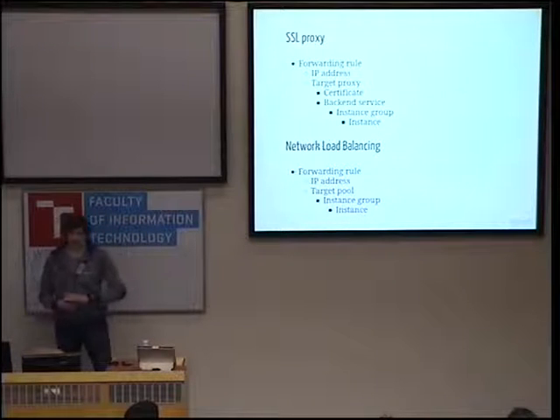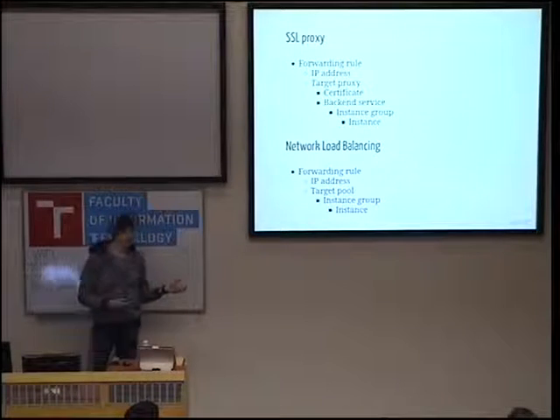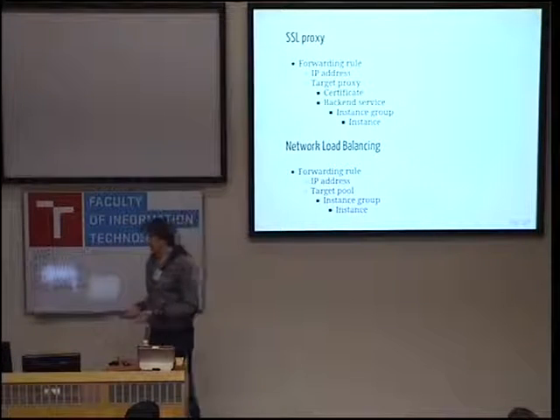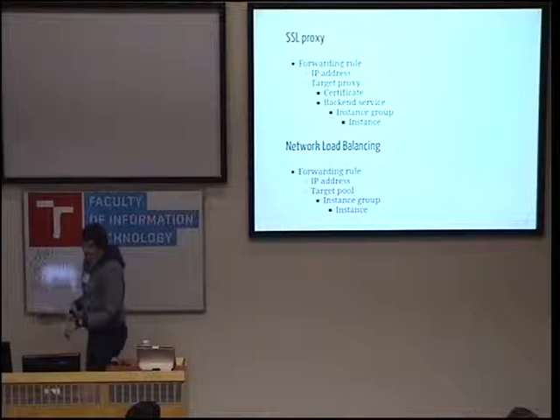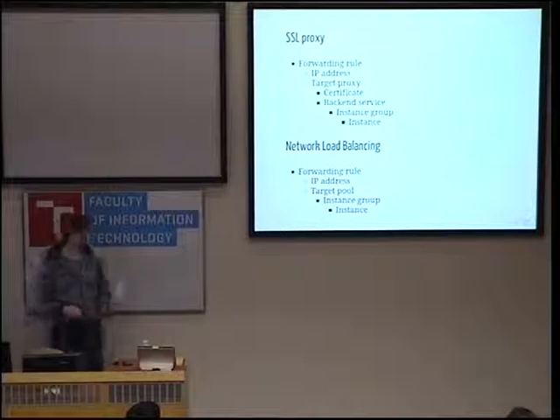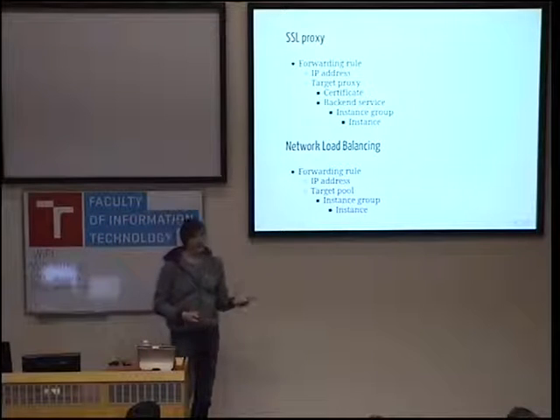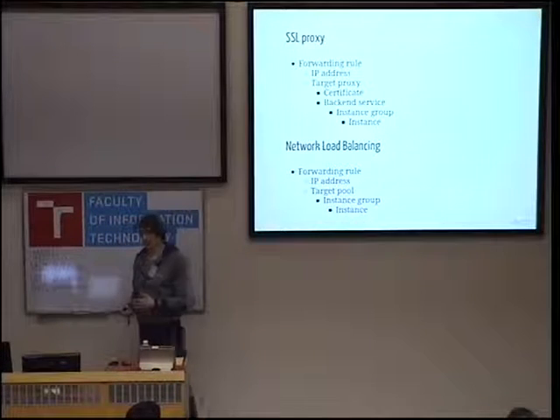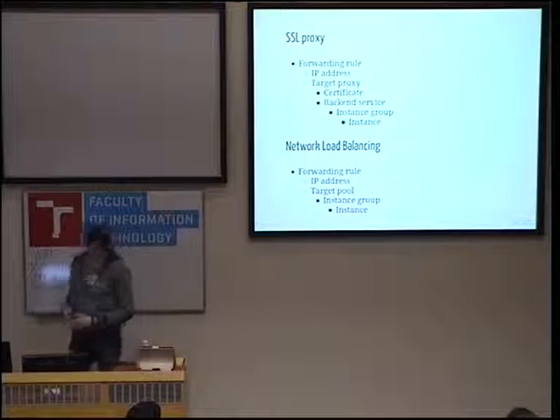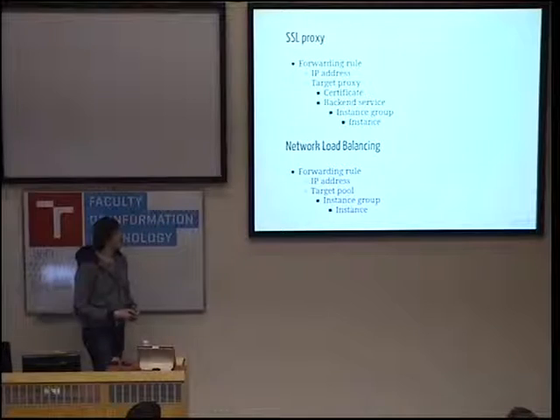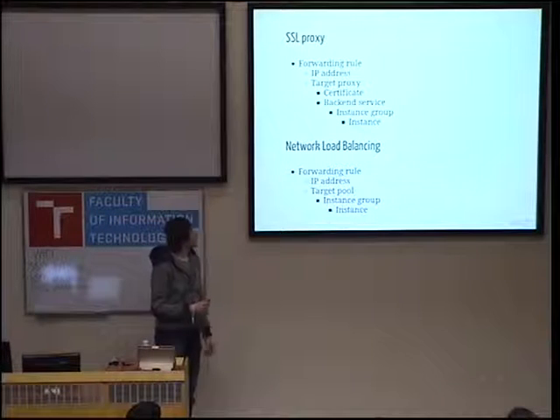In case of SSL proxy, the target proxy needs configuration of the SSL certificate and configuration of the backend service, which likely represents the instance groups or instances themselves which will accept the traffic. Network load balancing doesn't contain the proxy, just a pool with instances.